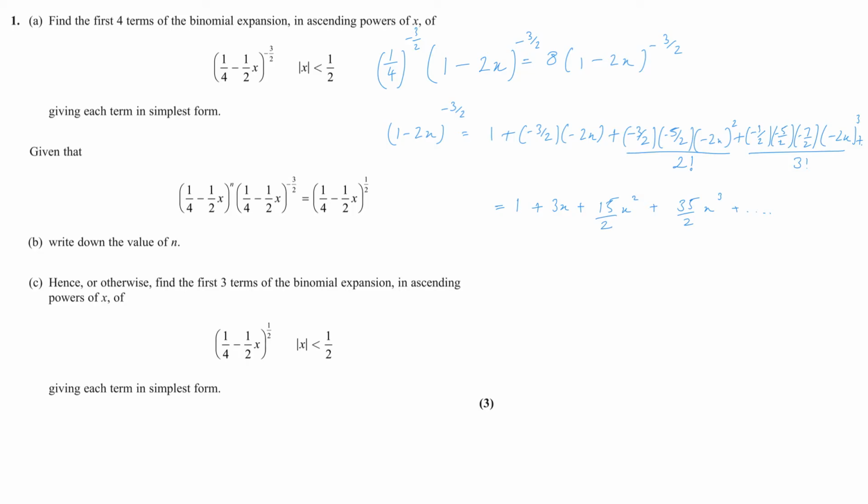Now what I need to do is multiply by the 8, isn't it? Because I've said that this is what I'm doing, before multiplying by the 8, I need to put the original back up here. So this is a quarter minus a half x to the minus 3 over 2, and this is going to be equal to 8 multiplied by that expansion above.